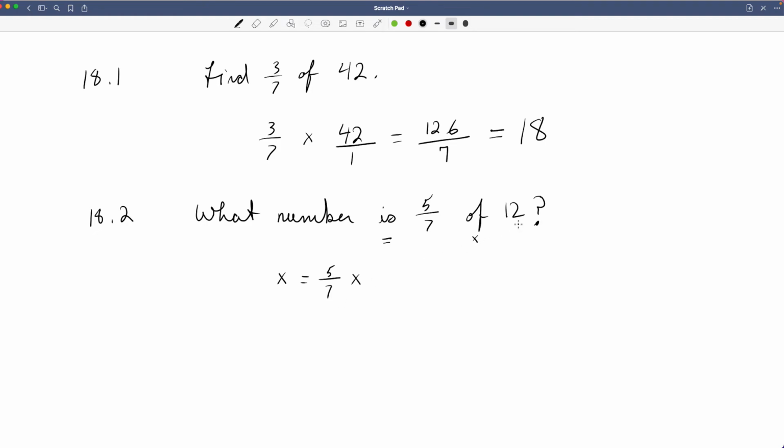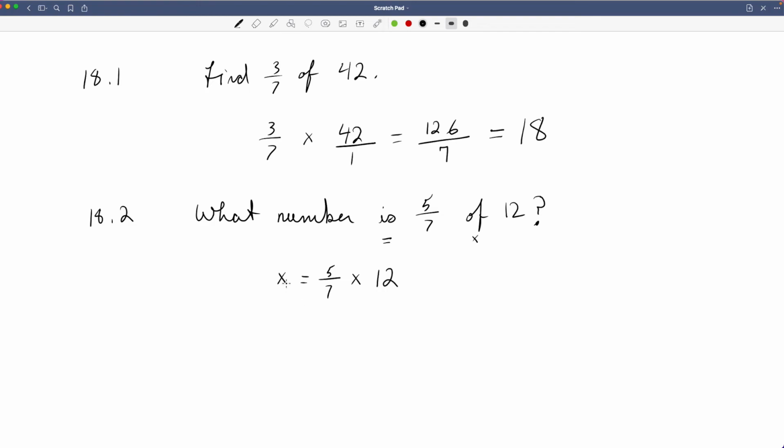And then 12 is just another number. So we write it just like it is, right? So the number that we're looking for is going to be 5/7 times 12. That is all this statement is saying. It's giving us a number problem in words. So now we're going to see if we can find what this is.